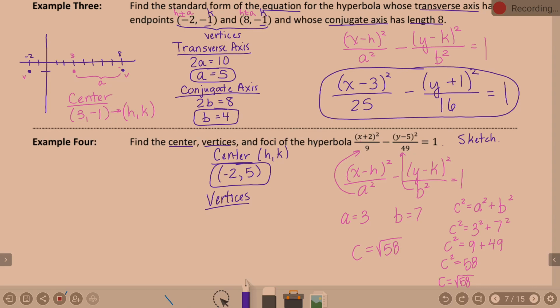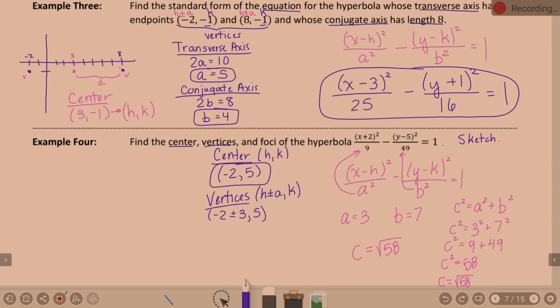Vertices is going to be H plus or minus A, comma K. Fill in your information. So H is -2 plus or minus A, which is 3, comma K, which is 5.